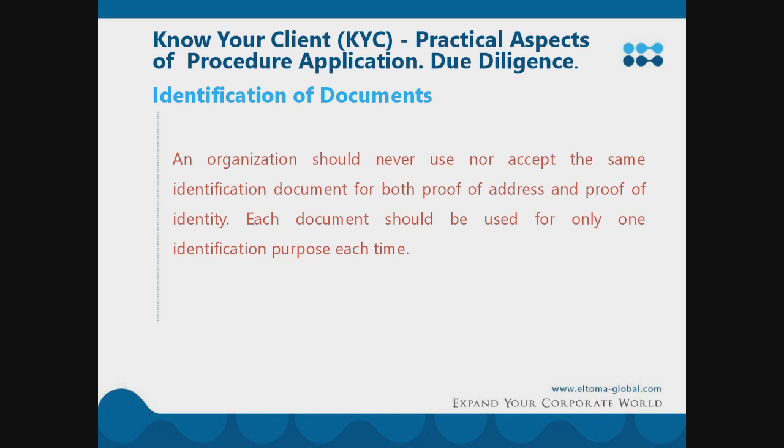So, for example, if the person provides you an internal passport and says, please use it as my identification and proof of address, no, you could not do it. You should tell the client to please provide a second document which will be the proof of your address or proof of your identity, because one document is valid only for one category.